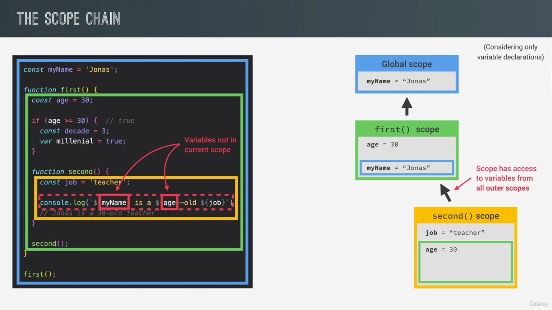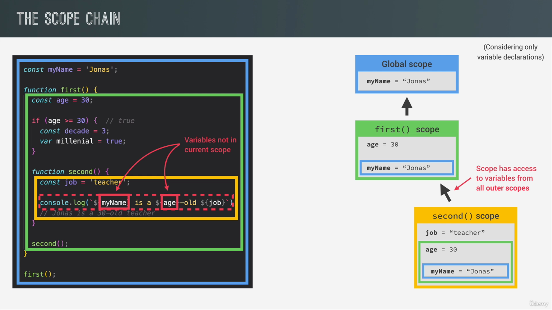As a consequence of this, the second scope will then also be able to access the myName variable from the global scope, because it has access to the variables from the first scope. And by the way, all this also applies to function arguments, but in this example, we just don't have any.